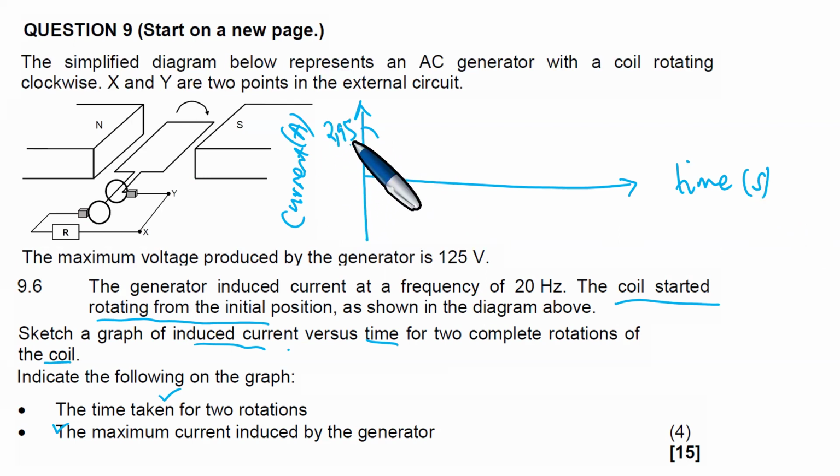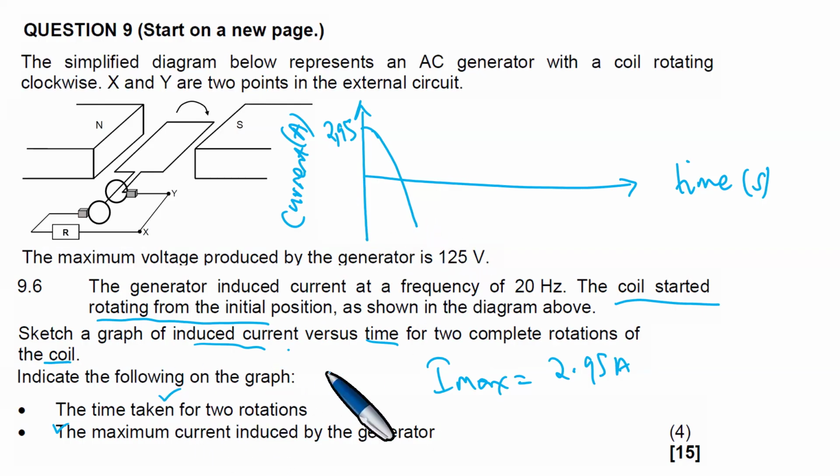Then 2.95, because we got to the 2.95, which was I max. The I max was 2.95 amperes. So we're going to put it there on the graph.